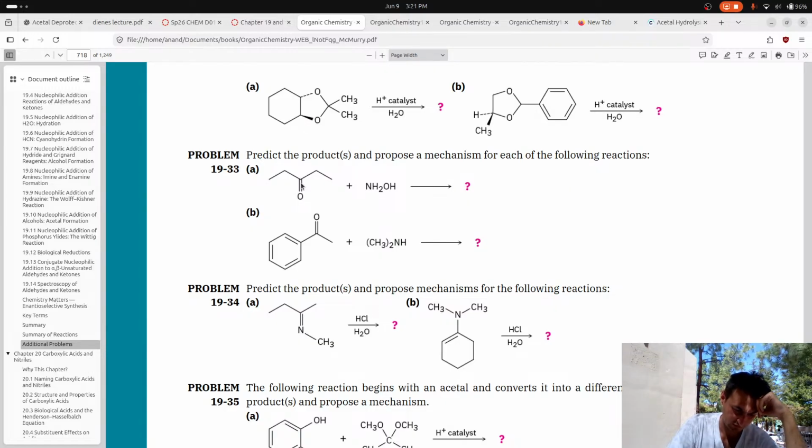Oh, wait, this is an O. This is an O. This is an O. Okay. Now what happens is acid. Presumably there's acid in here, because I think it has to get protonated. Then the lone pair dumps into a pi, kicks off water. And that forms the imine.